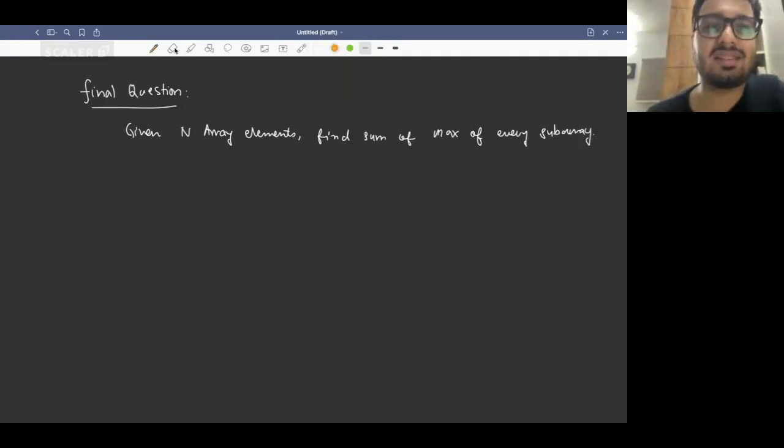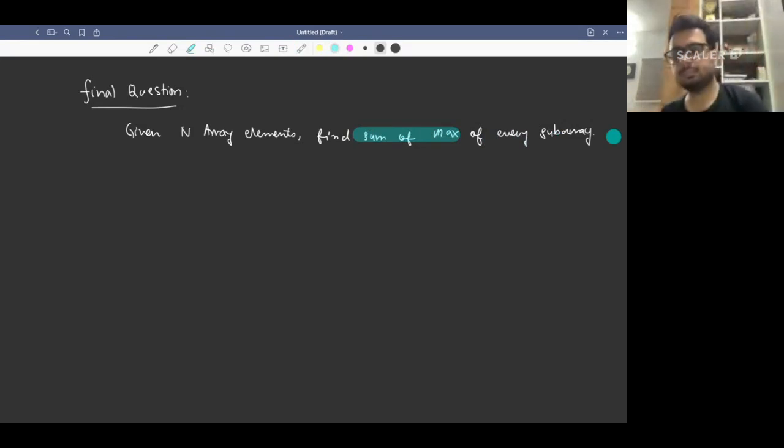Aha, maximum of every subarray. Okay, let's take a very small example, right? Because there are too many subarrays to handle.